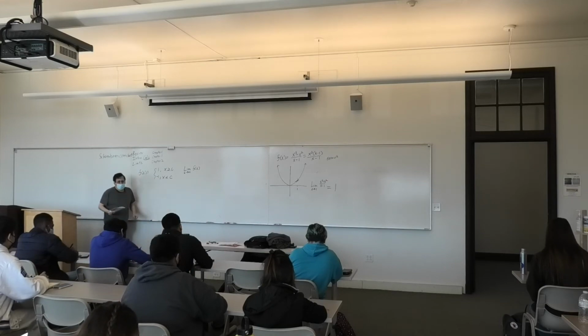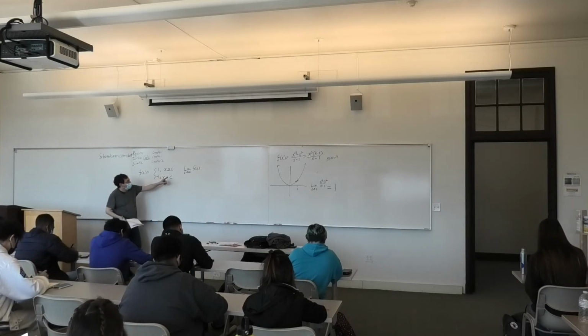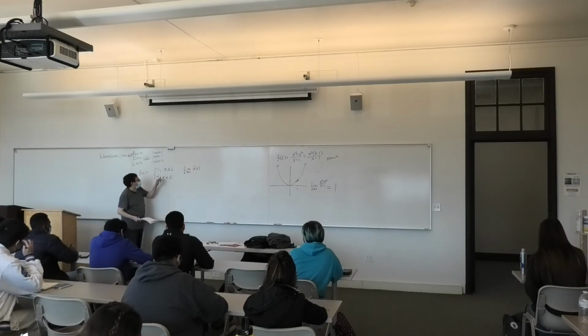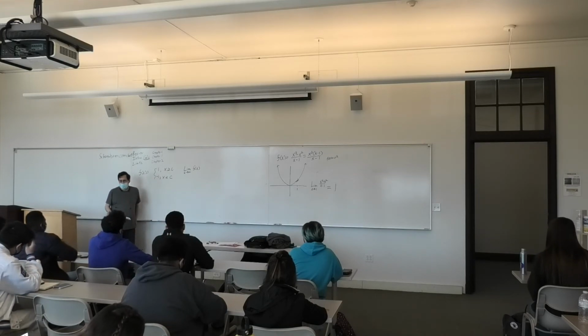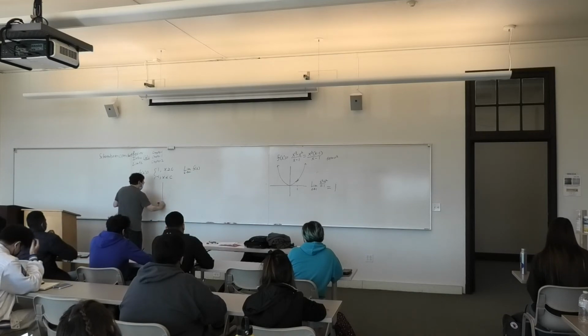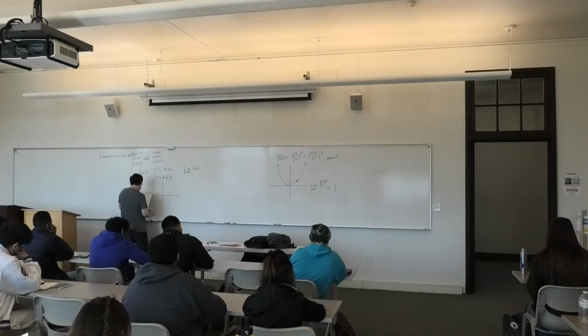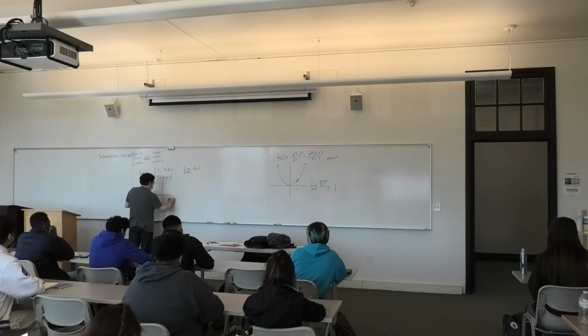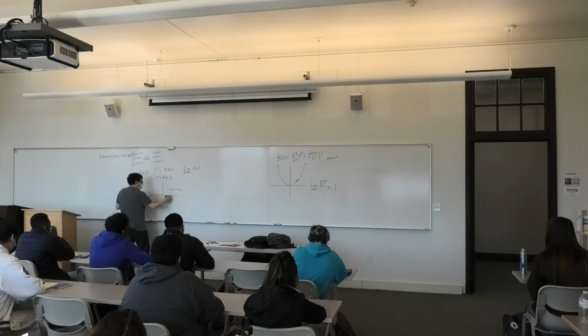Now I want you to note something here. This function is defined at c. It's 1. So if we graph this, here's c. For c and greater, it's 1, and less than that is minus 1.